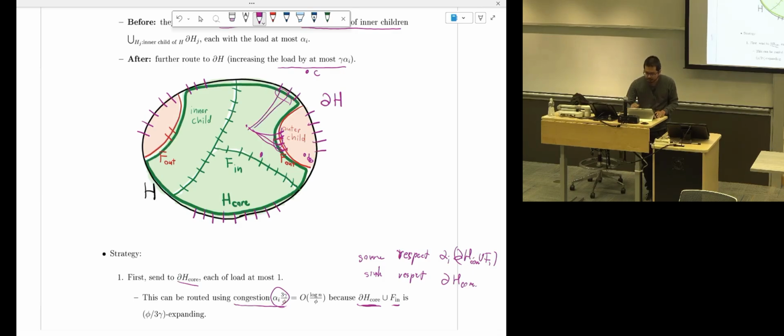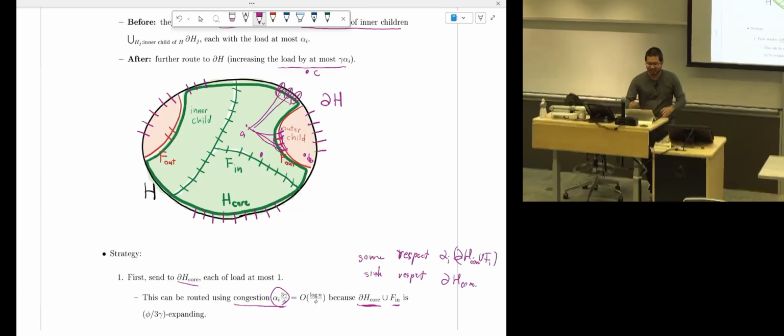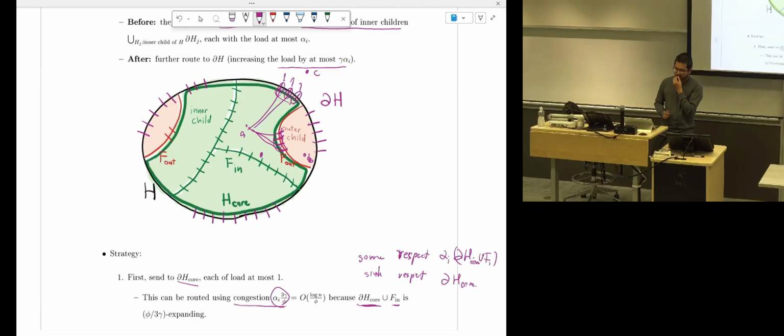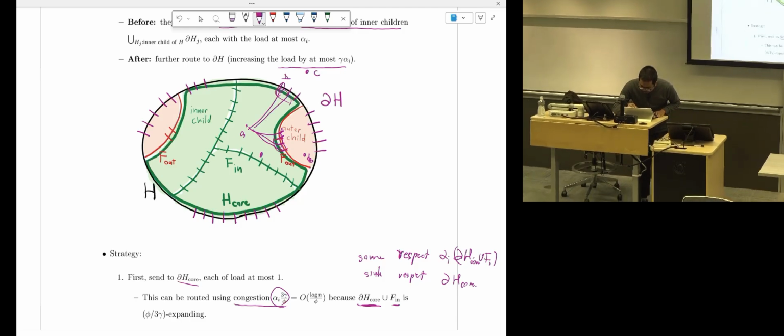Maybe here and here. If it ends here, it ends at the boundary of H, then you're done. The load here is at most 1. Okay? Actually, sorry. Actually, I mean, the load here will be alpha.